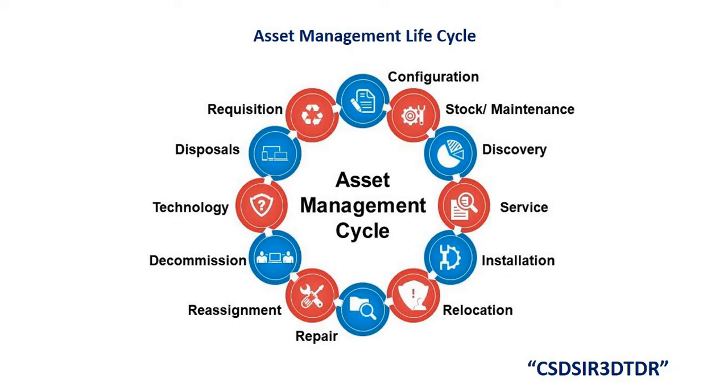Okay, so configuration followed by the stock, then discovery of it, then service of it, then installation, relocation, repair, reassignment, decommissioning of it, technology, then disposal. That is, finally it is all done, we have to dispose it off. Then reacquisition of it. Requisition is nothing but again we are starting the cycle.